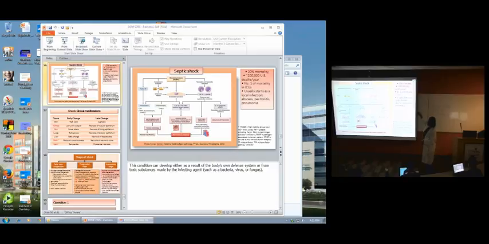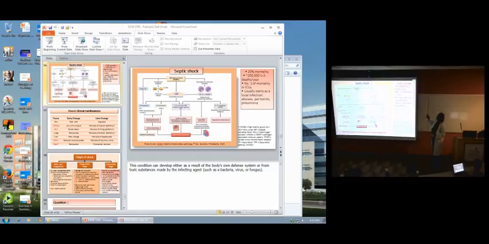So what they basically do is trigger the inflammatory cells. You have the cytokines and a series of things that go on. So eventually what you have is vasodilation, and thrombosis, because it also activates the pro-coagulative factors while inhibiting the anti-coagulatory factors. So the end result is multi-organ failure.